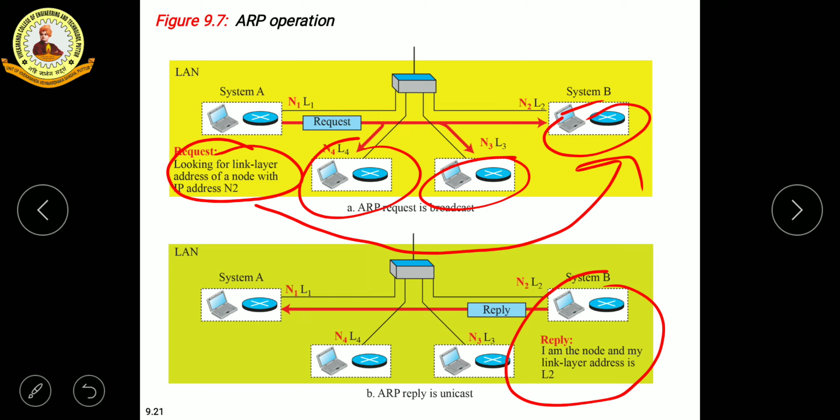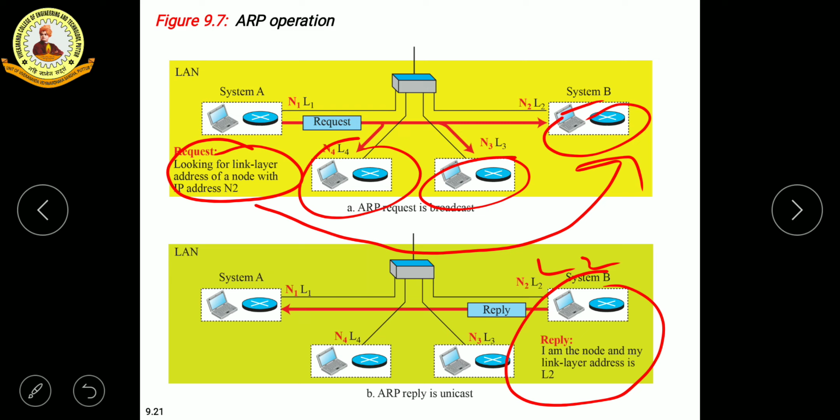So it sends the reply back that its link layer address is L2. Okay, now what did I get? I got the link layer address from the network address, right? So this is how the operation of ARP happens.